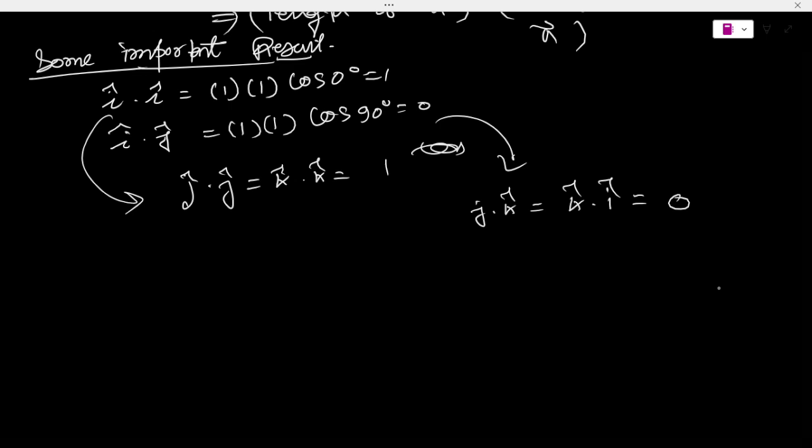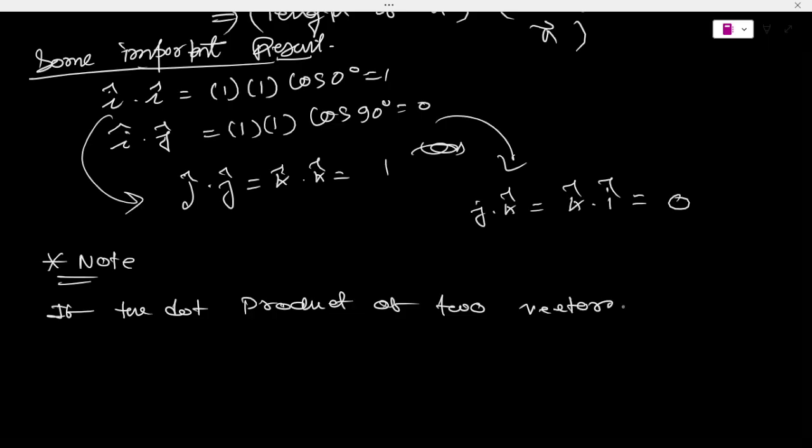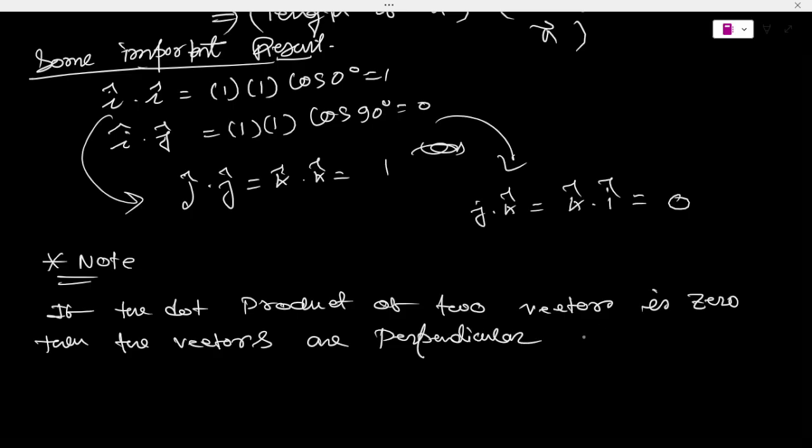Important note: if the dot product of two vectors is 0, then the vectors are perpendicular to each other.